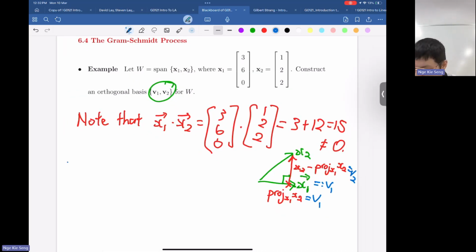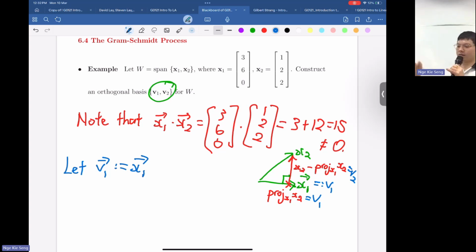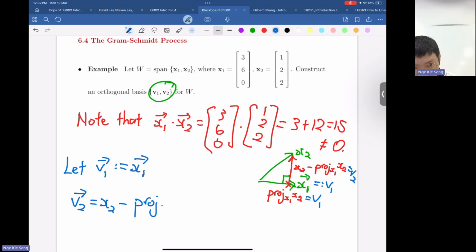So the first step, if we follow Amber's logic, is to let v1 be x1. We fix the direction first. And then how to find v2? v2 is just x2 minus the projection of x2 onto x1.